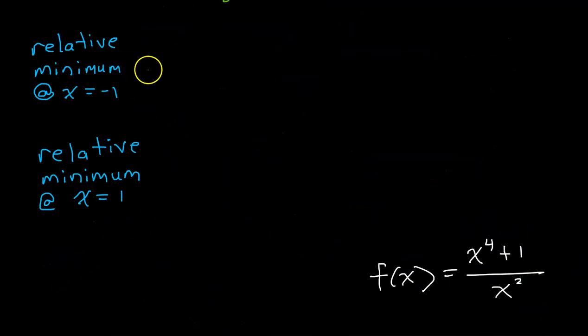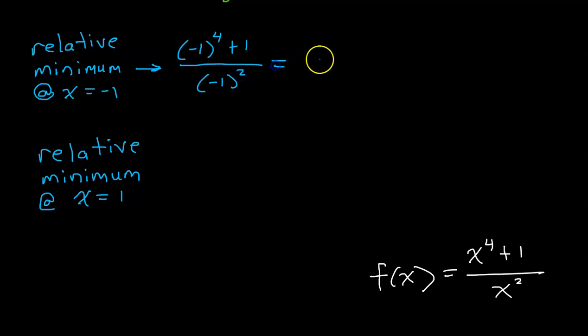Let's go ahead and find the y values so we can have the entire point. Don't forget that the original function is f of x equals x to the 4th power plus 1 divided by x squared. Evaluating that at negative 1, we will have negative 1 to the 4th power plus 1 over negative 1 squared. That'll give us positive 1 plus 1 over positive 1, which will give us 2 over 1, which is equal to 2.